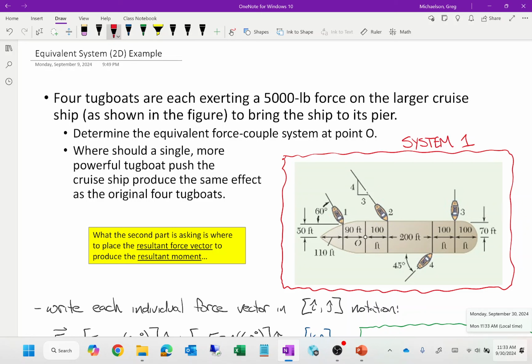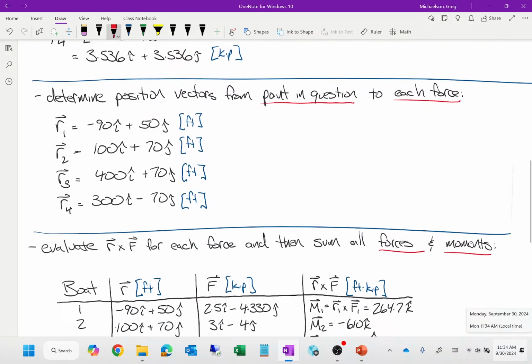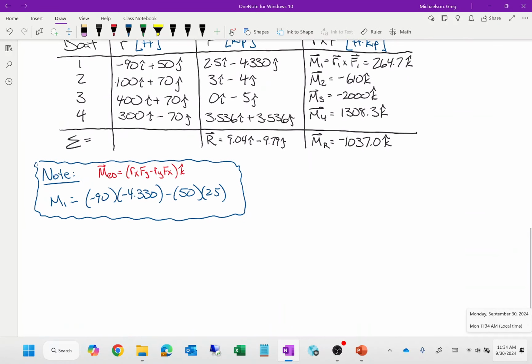I have a rigid body, in this case the barge, and I have 1, 2, 3, 4 boats on that barge. So I have 4 forces. This is system 1. I propose that I'm now going to create another system, which I'm going to call system 2. And here's what system 2 is going to look like. Please forgive my horrendous art.